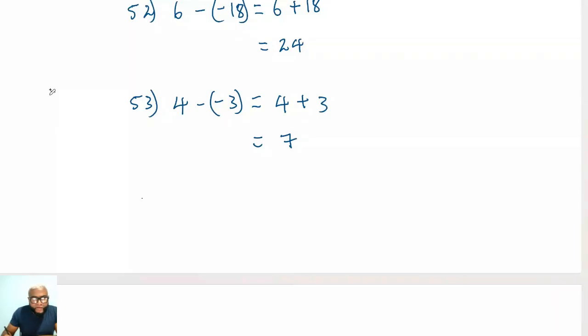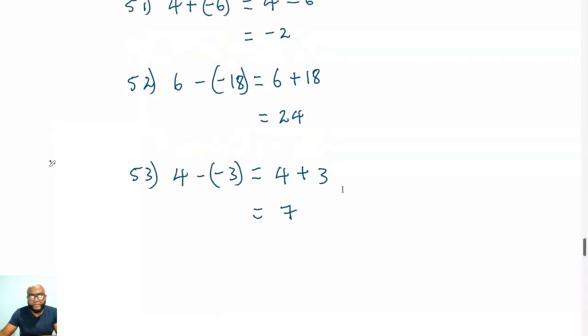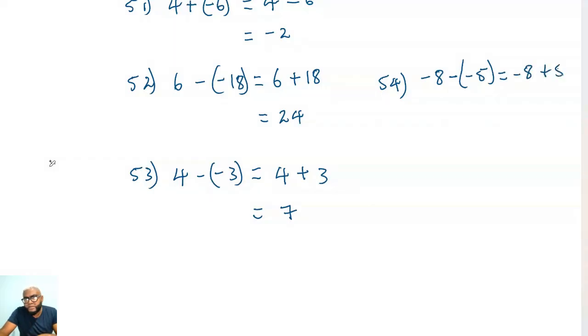Ramdas, what's 54? Negative 8 minus open brackets, negative 5 close brackets. Right, talk to me. What are we rewriting this as? Negative 8 plus 5. Which will be?